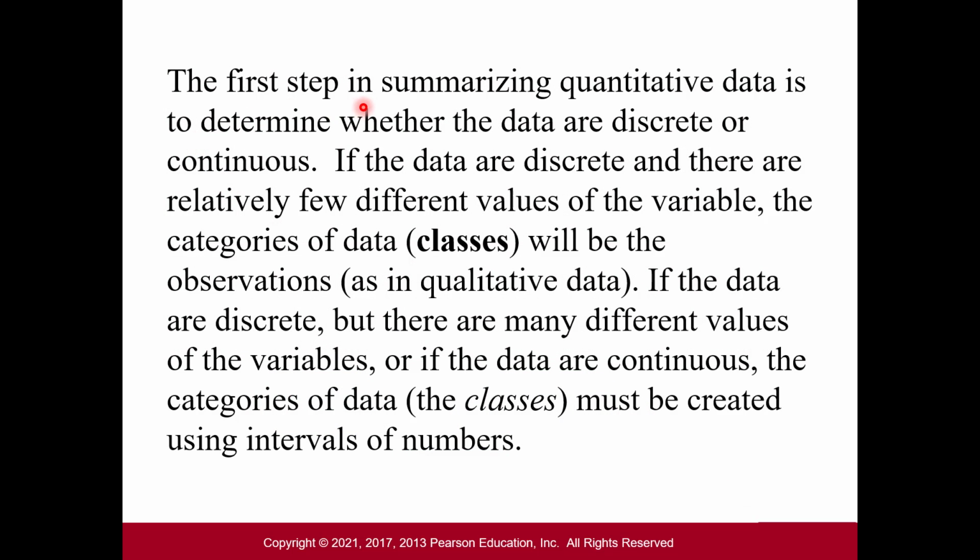Now, the first step in summarizing quantitative data is to determine whether your data is discrete or continuous. So let's talk about this. If the data are discrete and there are relatively few different values, then we can categorize the data into classes, and those will be our observations. If the data is discrete but there are many different values, or if the values are continuous, then we are going to use intervals.